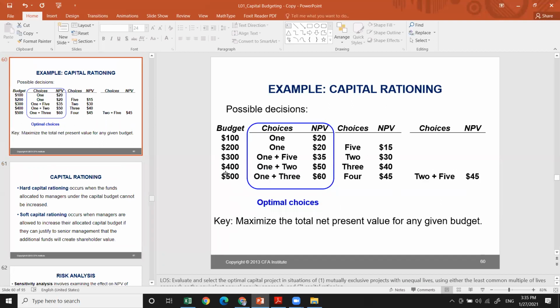So if your budget is 500 and you think that adding one more project will really give you some benefit, you have to convince the top management to increase the budget level.